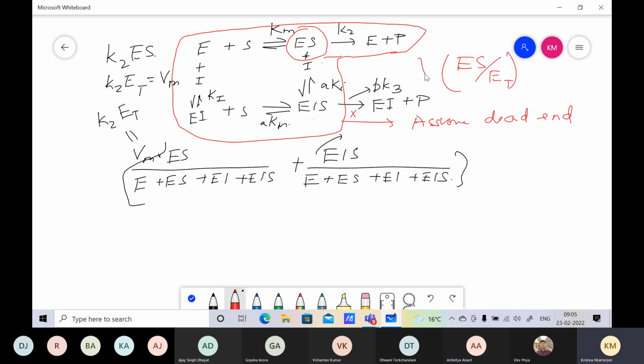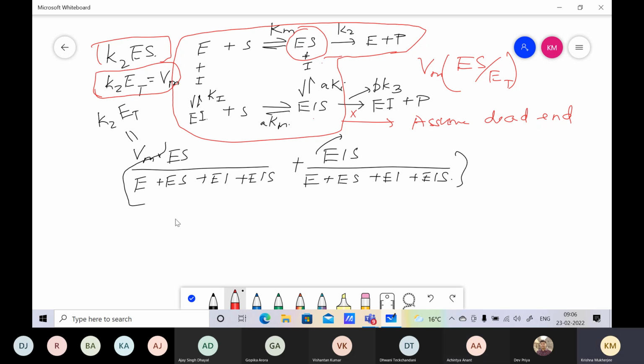Right, and this into Vmax is the rate of reaction, because the maximum rate of reaction is given by this expression here. Correct? And the actual rate of reaction is K2 into ES. Okay?